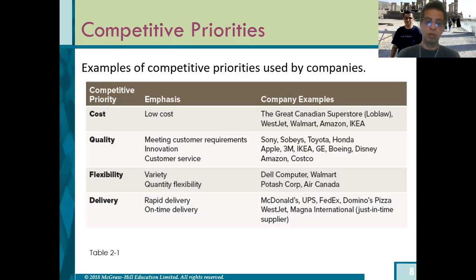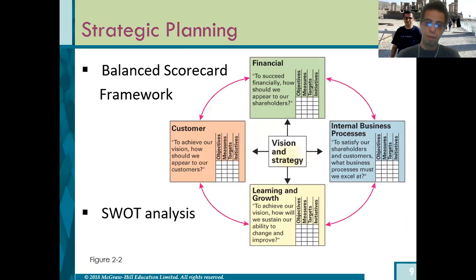For flexibility and variety, like computers, Dell has different varieties, IBM does also. And for delivery, rapid and on-time delivery: McDonald's, definitely, UPS, FedEx, WestJet, and just-in-time suppliers.